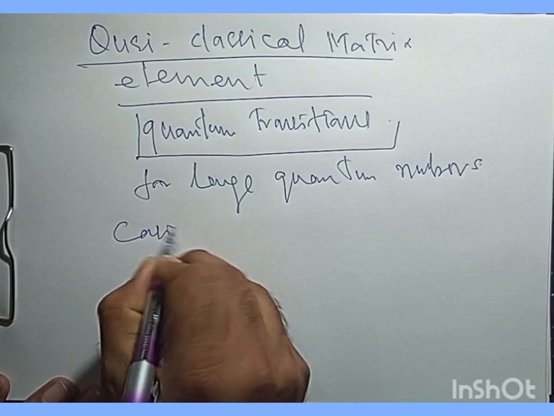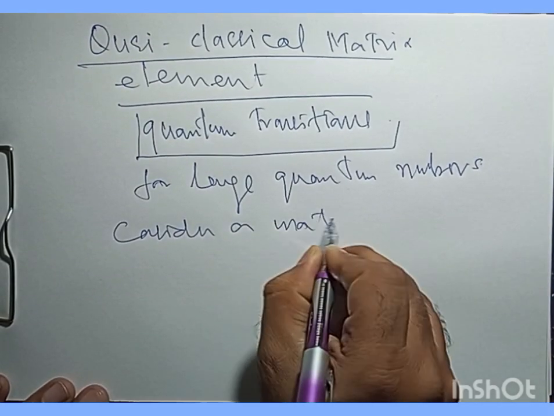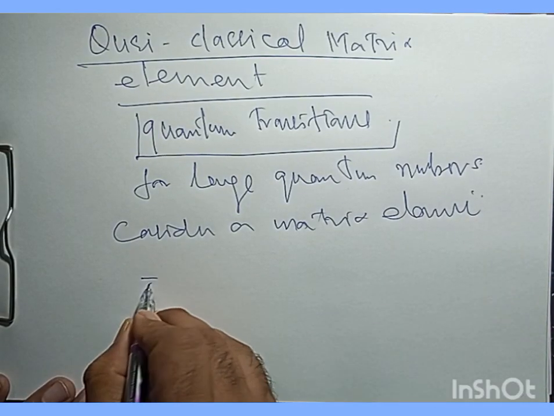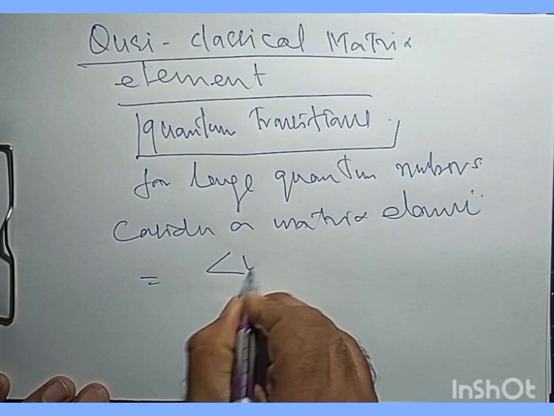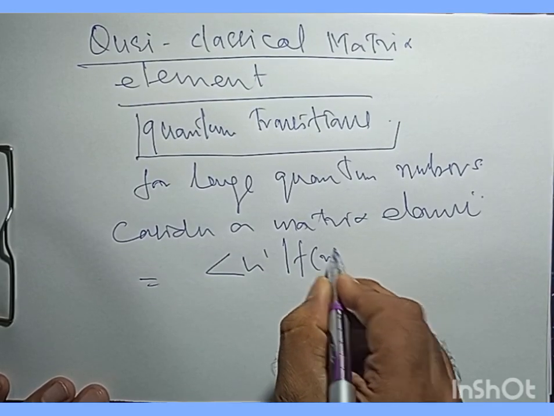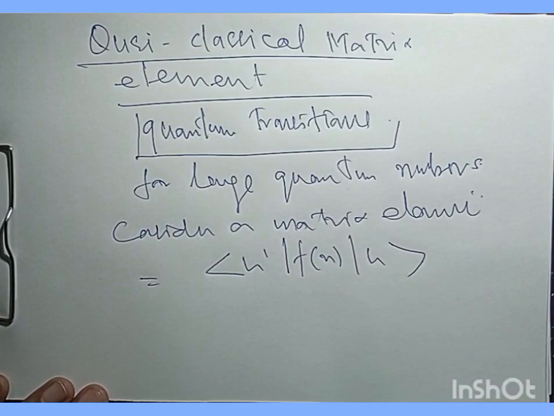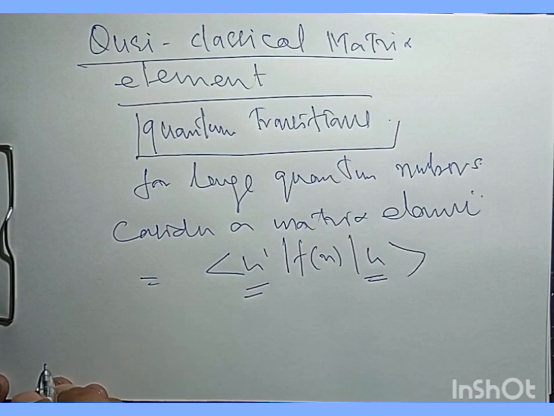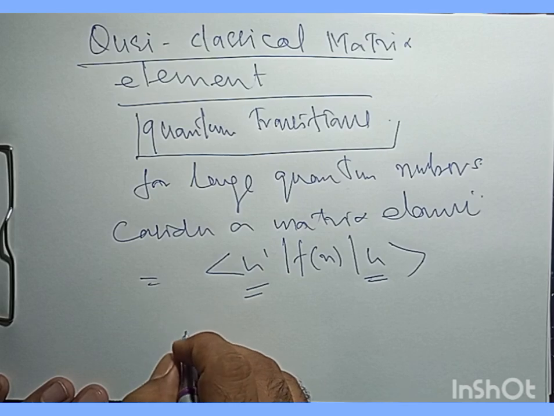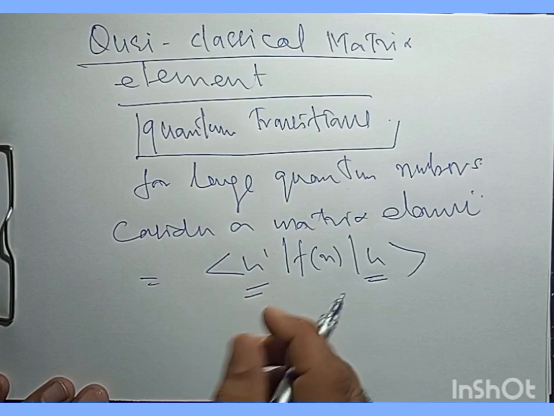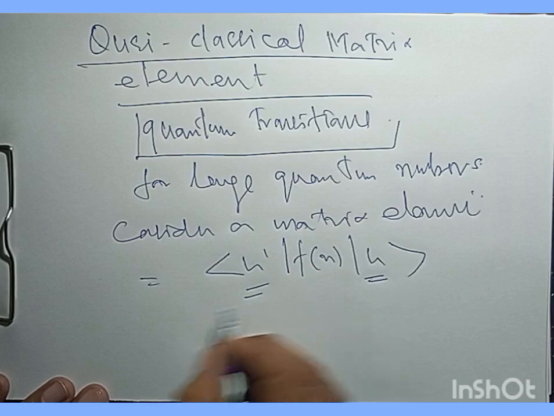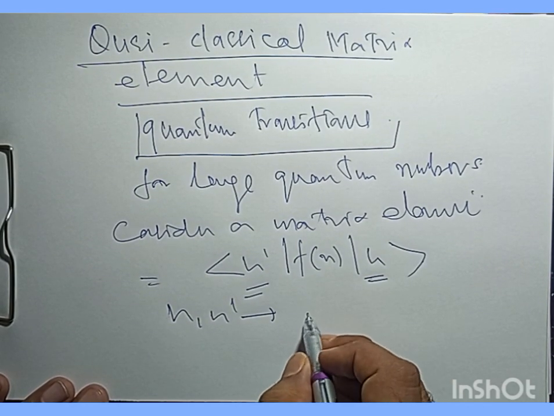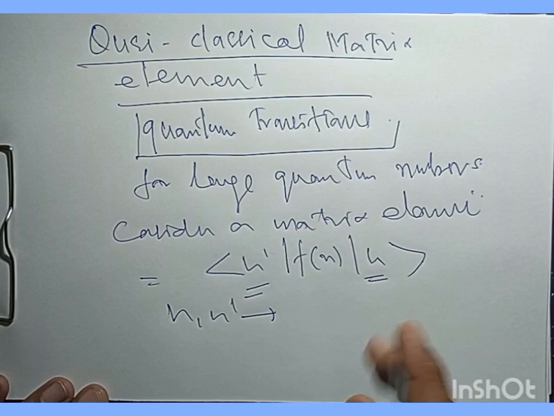Now, in this approach, what we do basically is we consider a matrix element. If I assume that matrix element to be of the form n dash f of x n, then this n and this n dash are the quantum numbers corresponding to two different states.